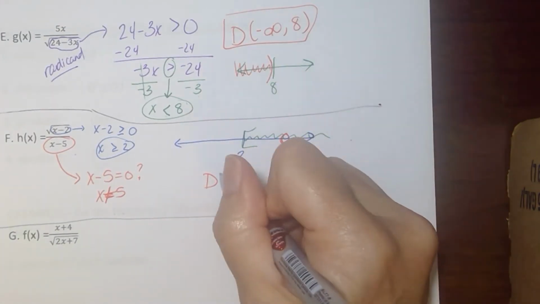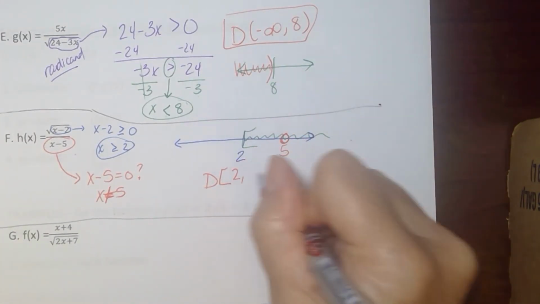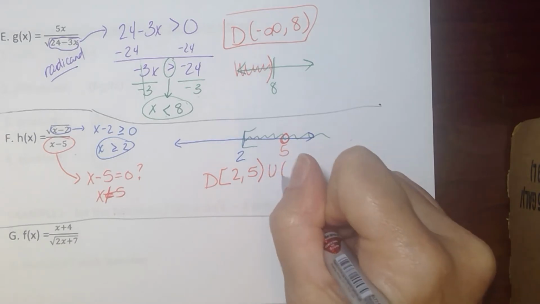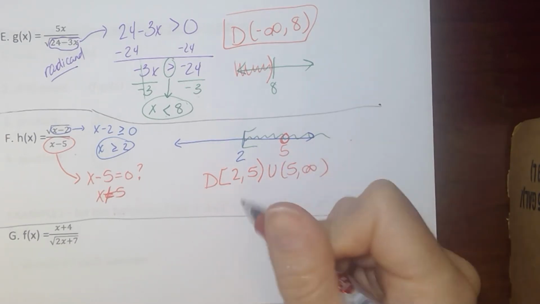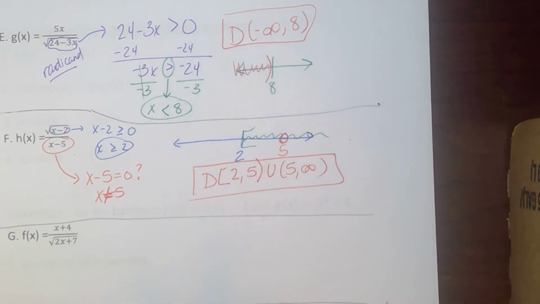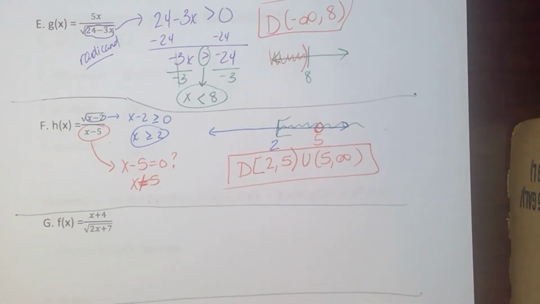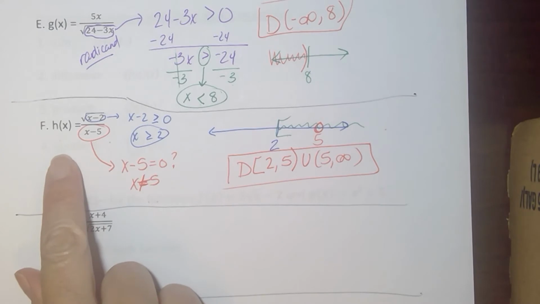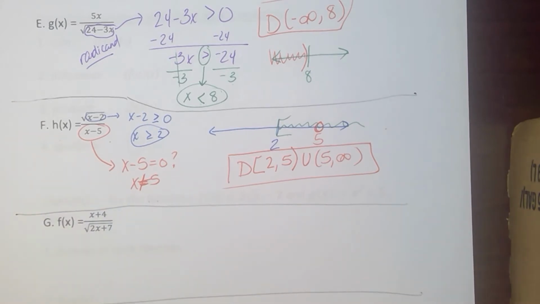I need to use 2 intervals. 2 inclusive up to 5, not including 5, or 5 to positive infinity. That's how I write that restricted domain to reflect what I can use as x values. I have to pick values that fit in one of these 2 intervals when I plug them into my function, or I'm going to get out something that does not work. It's either going to be imaginary or undefined.